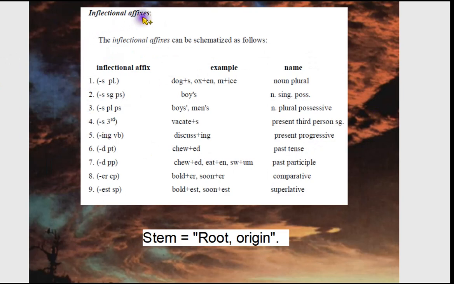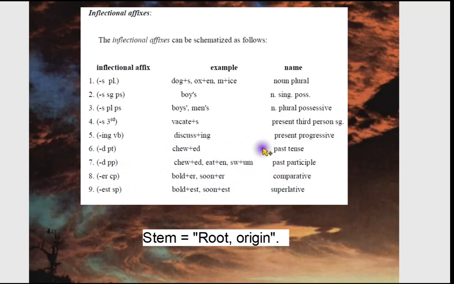The inflectional affixes, here you have, it's only these 9 ones you see here. They go from the plural form to the superlative form. The EST in the word bold, say the boldest. Soon, soonest. We also have the one for the comparative, which is the ER marker. The D for the past participle.